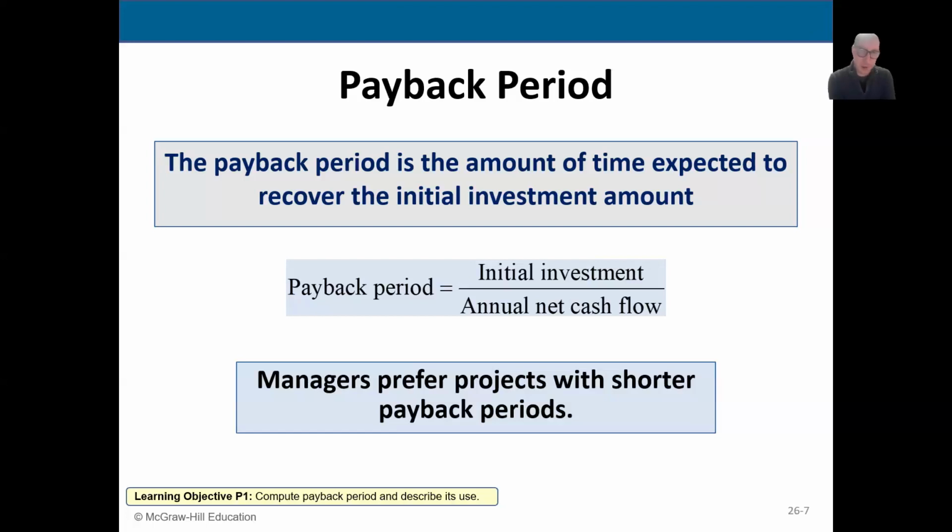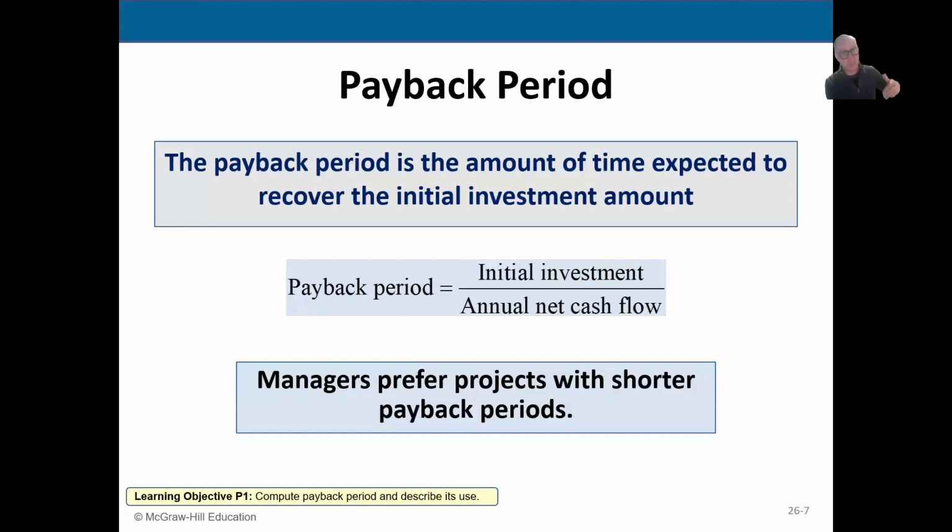So here's how it's calculated. We take the initial investment amount divided by the annual net cash flows. Remember, annual net cash flows is based off of the expected cash coming in minus cash going out of business operations in a particular year.